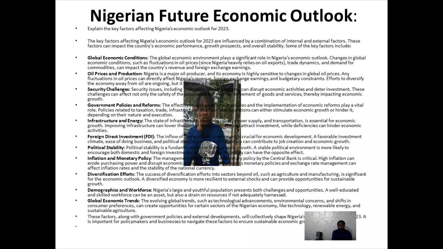Take for example, when there was a downturn in the US and the housing industry went down, it affected the whole economy of the world. I believe that should be around 2008. So what goes around comes around. You can equally talk about oil price and production. Nigeria is a major oil producer, right? So any fluctuation affects the Nigerian projection in the form of economic outlook.